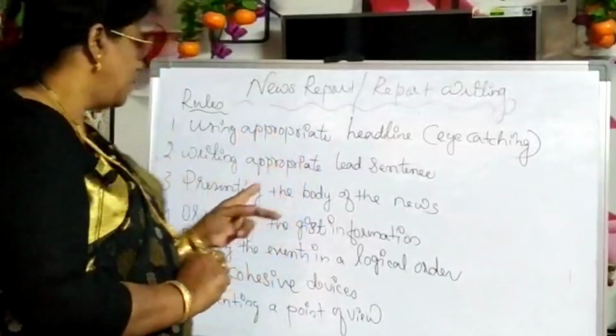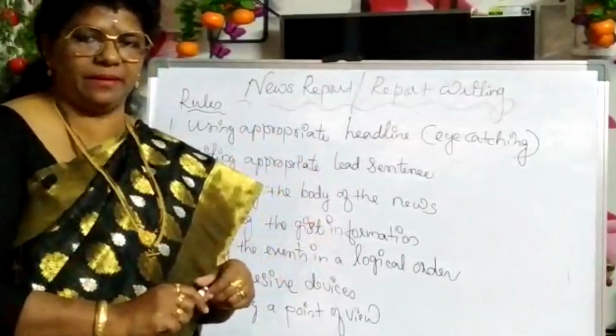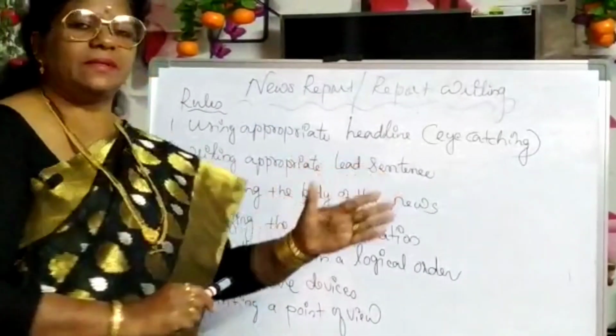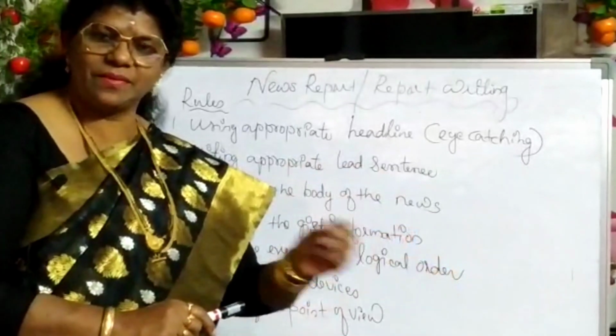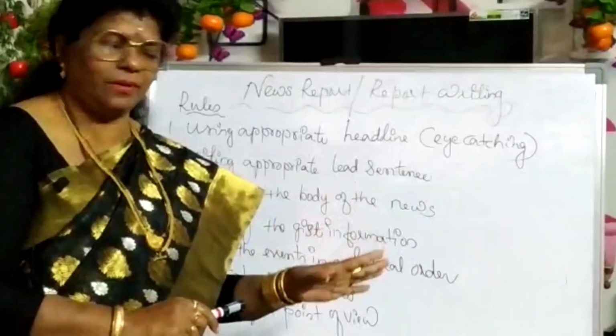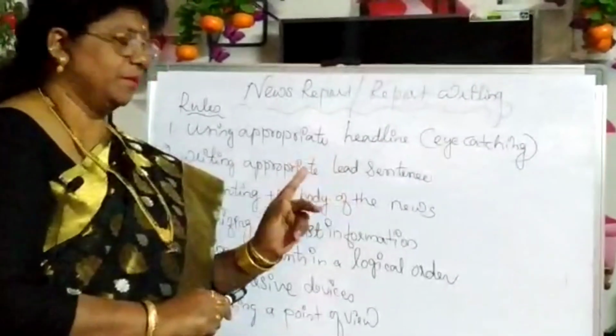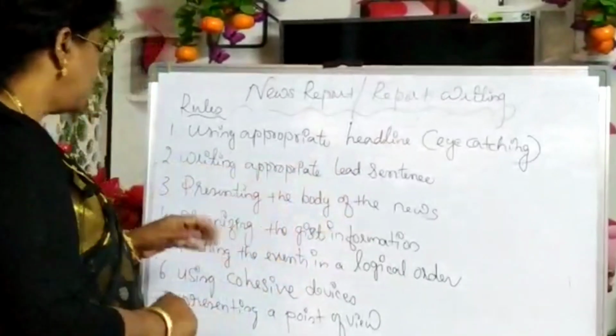Okay. Then presenting the body of the news. That is very important. For example, if the news is about unity and diversity, but you go for secularism, that is not nice at all. It's not fit also. So, the body of the news is very important.